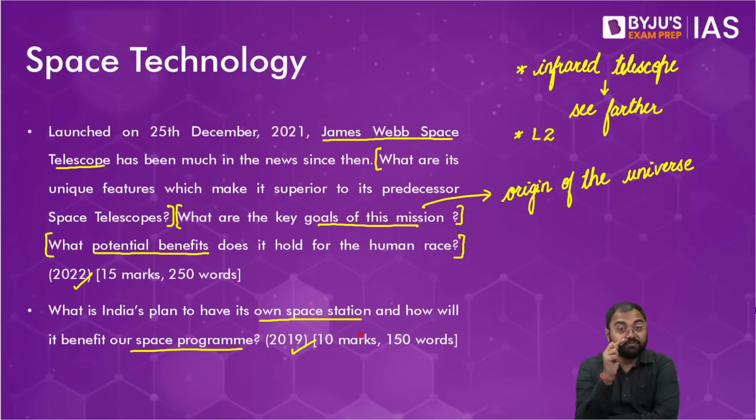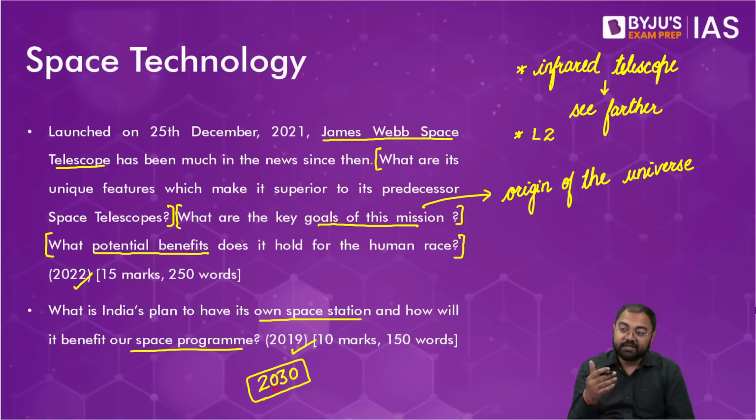But then India had said that we are working on our own plan for having our own space station, and we are trying to target 2030, that by 2030 India will have its own space station. And what was said is that right now we are working on the Gaganyaan mission plan, and once the Gaganyaan mission is successful, after that we'll start working on our own space station. So this is what was said.